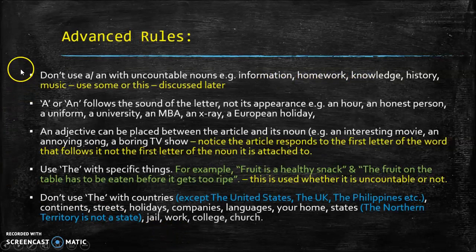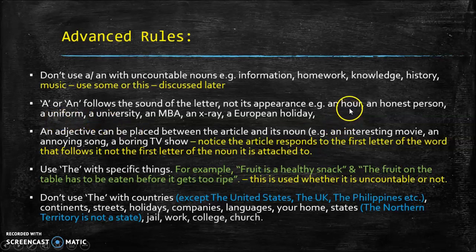Okay, so some advanced rules. Don't use "a" or "an" with uncountable nouns such as information, homework, knowledge, history, or music. You'll use "some". So I've got some homework tonight. I have some information you may be interested in. "A" or "an" follows the sound of the letter, not its appearance. So an hour, an honest person, a uniform, a university.